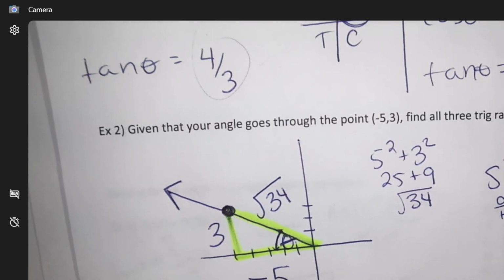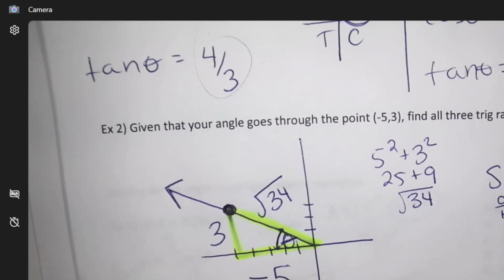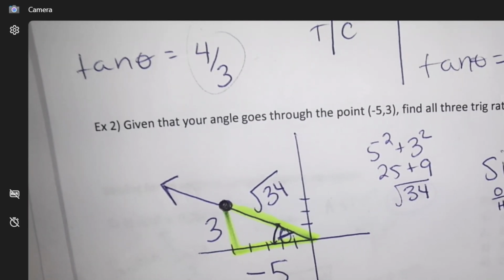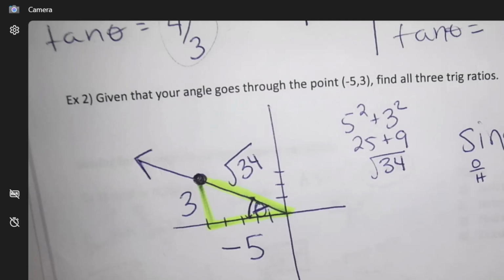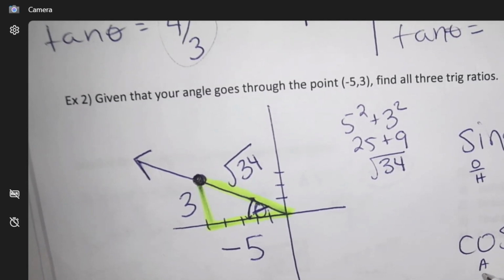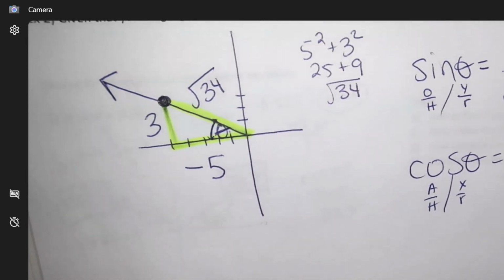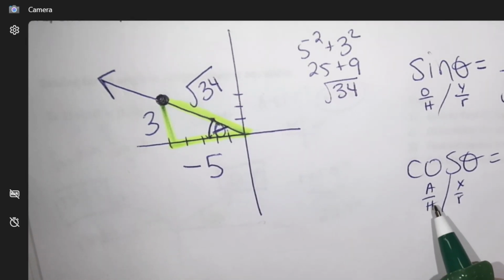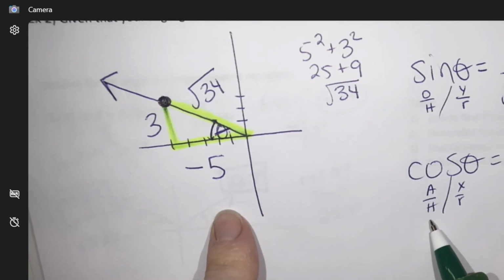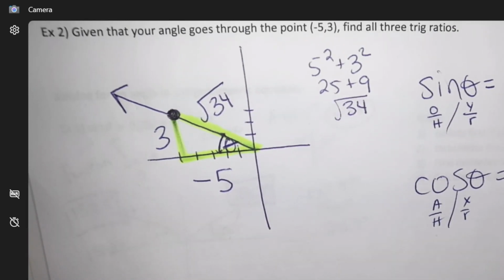You should get 3 over root 34. Okay, cosine has a trig value of, you can either say the adjacent divided by hypotenuse, or you can say the x value divided by the radius.